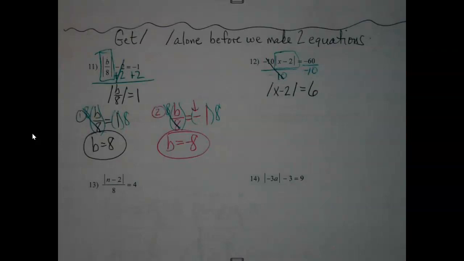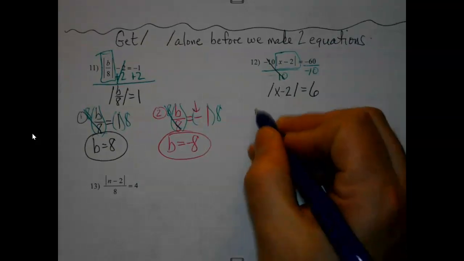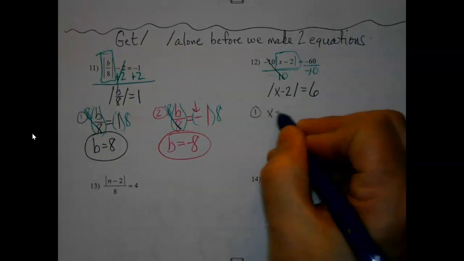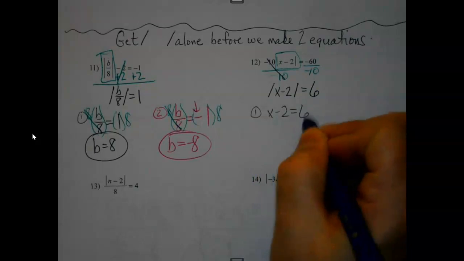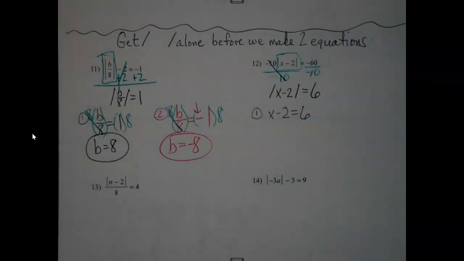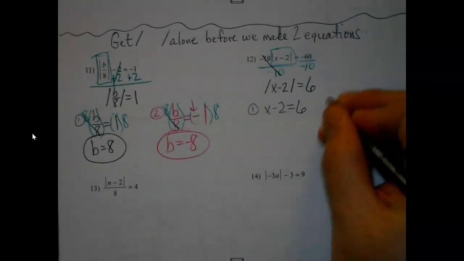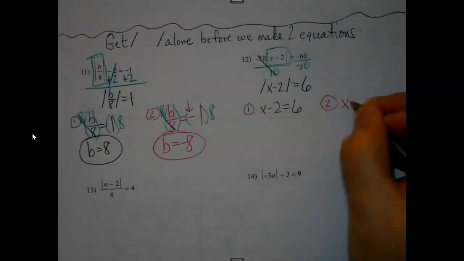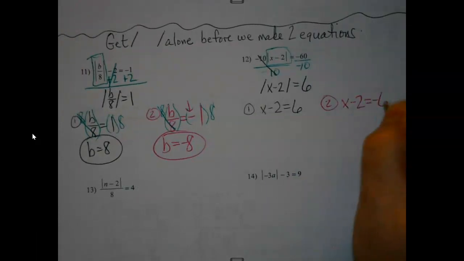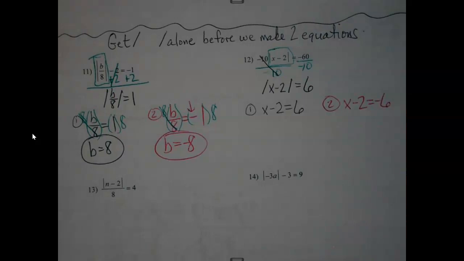Once that absolute value is alone, now we're ready to do the split without the absolute value signs. Again, the only thing that's going to be different is one's going to be positive, one's going to be negative.